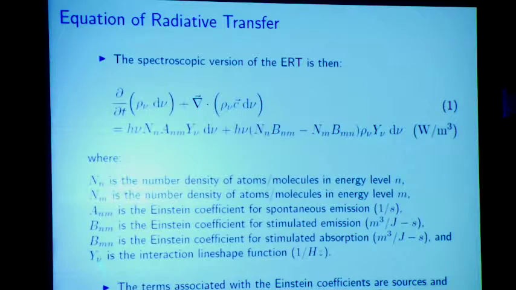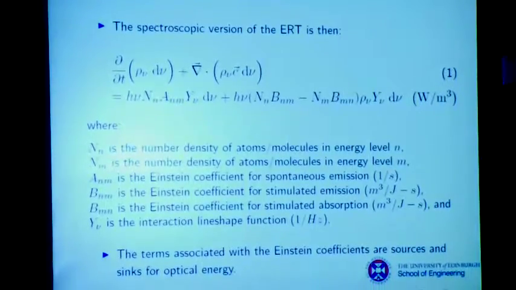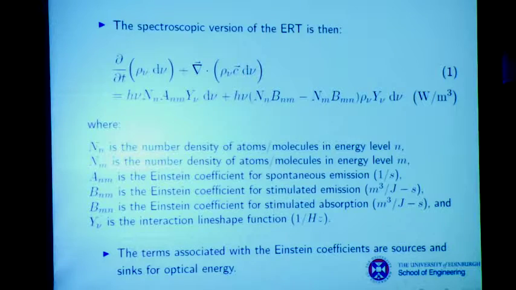And then this y sub nu is the interaction line shape function in 1 over hertz. We haven't talked about that yet, but I showed you that picture where there wasn't like a spike in frequency space. It had some spectral bandwidth to it, and that's what y describes. Because these are spectral terms. Rho sub nu is a spectral term. That's why these things exist there.